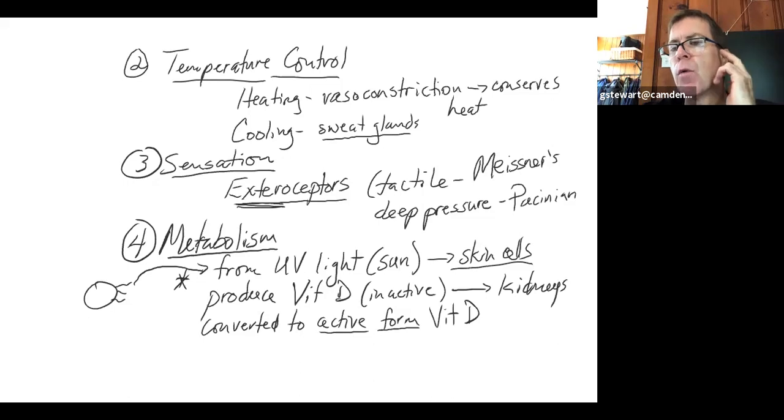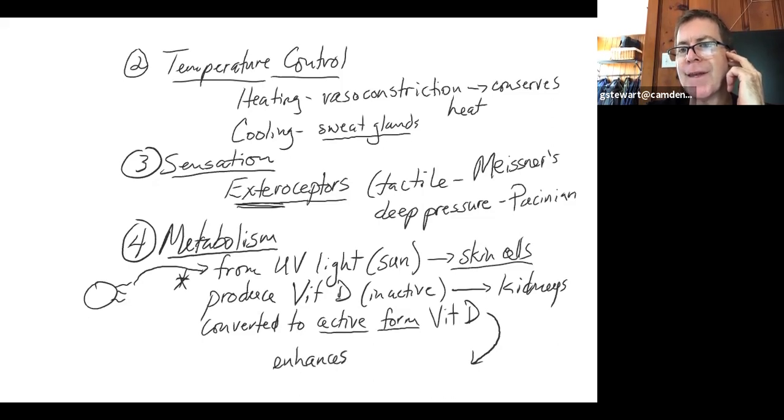And so what? What does vitamin D do? Vitamin D then enhances calcium absorption in the small intestine. It's a complicated process, and I'll bring this back up again when we talk about the skeletal system. That's going to be the calcium connection. And in A&P 2, when you're talking about the digestive system in the small intestine, that will bring up the absorption function as well.